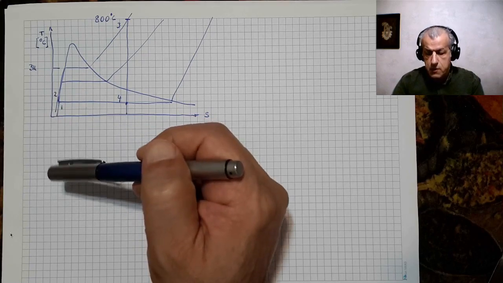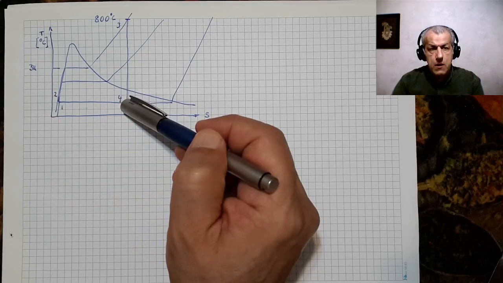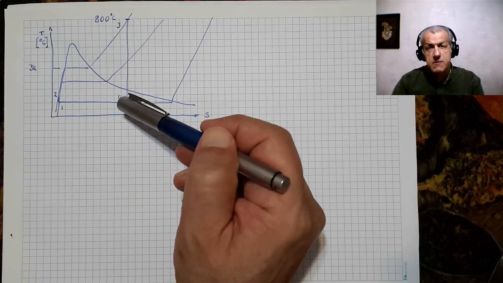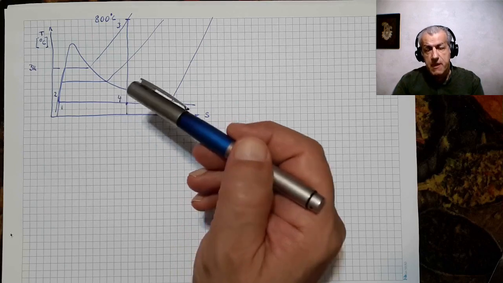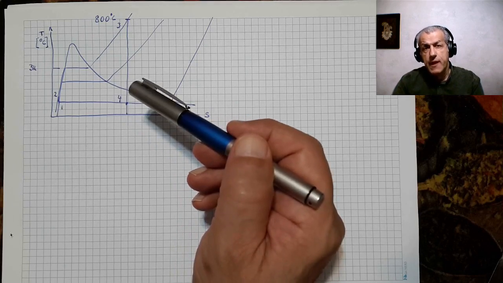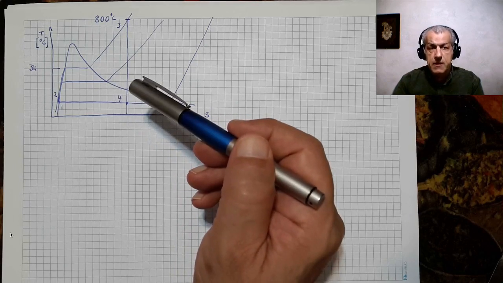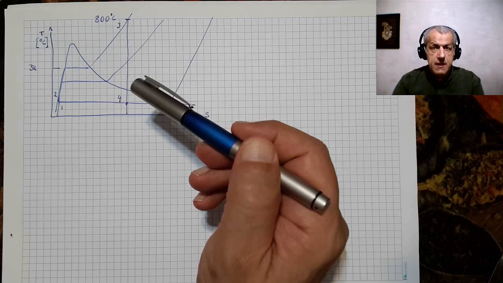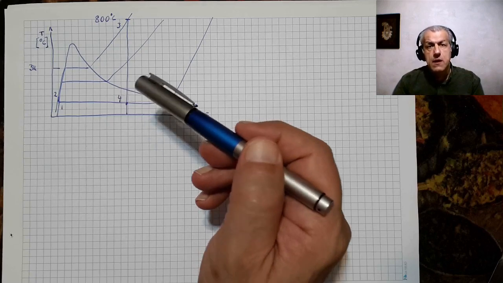The other point was that point 4 had a quality of 90%. This means that in the end stages of the turbine, there would be water droplets, and they would hit the blades and cause erosion and cause pitting.